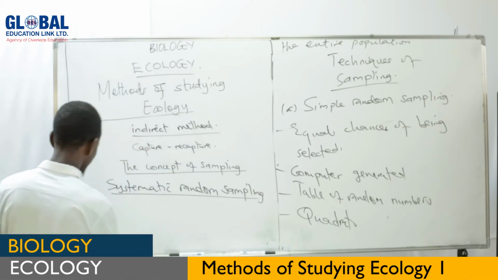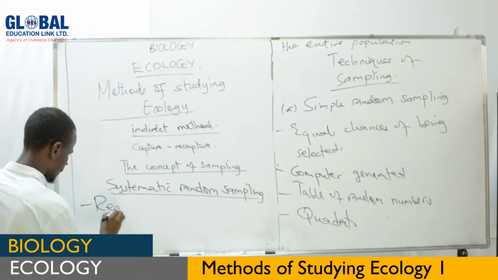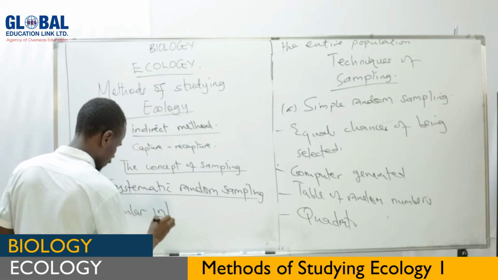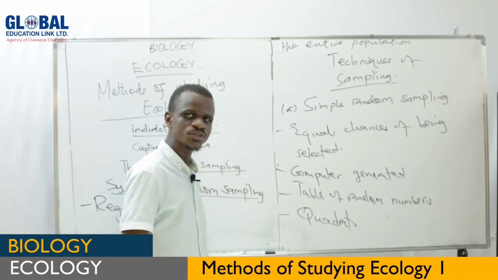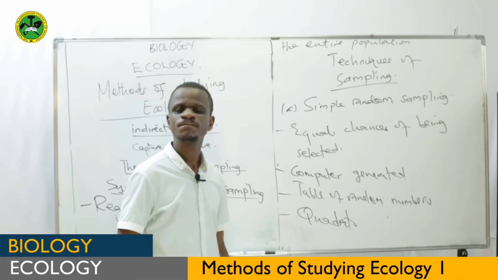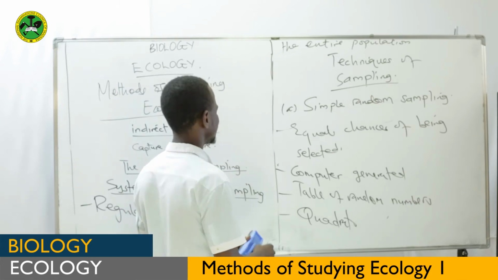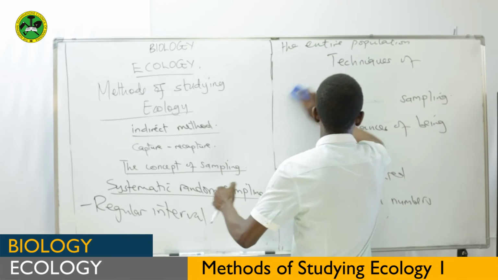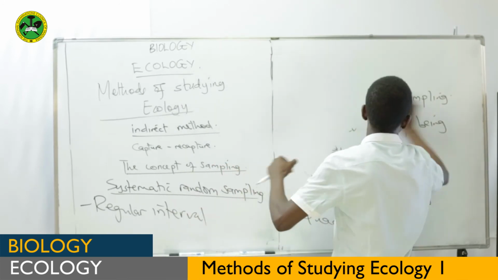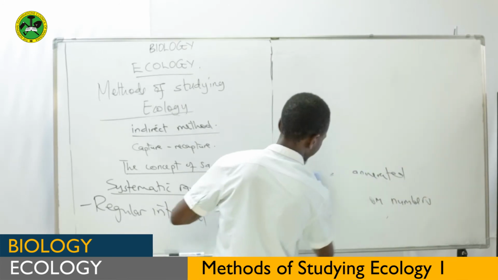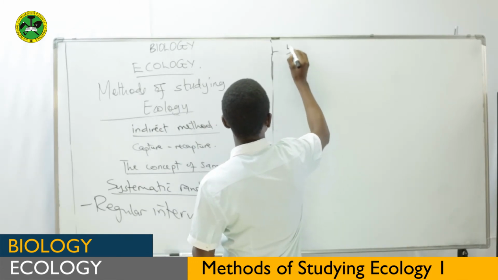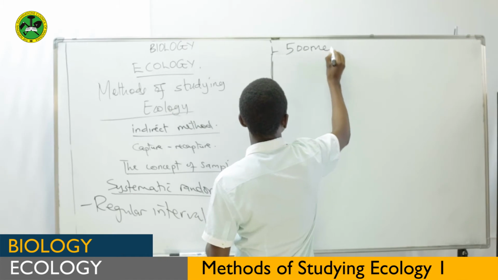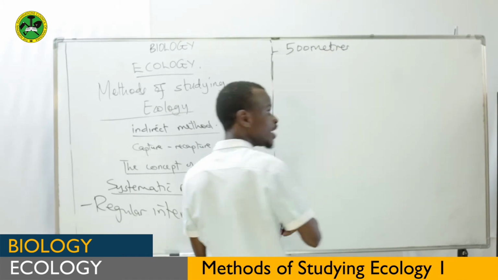Therefore, here, you must have a regular interval where your sample is collected. Let's say you collect your sample after 500 meters. There is an interval which you have made.